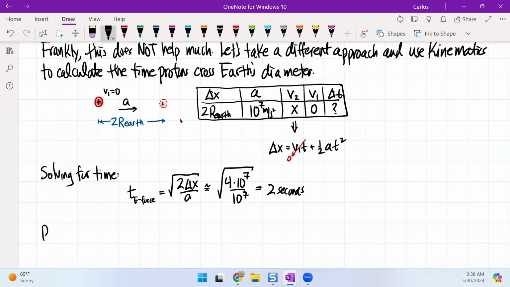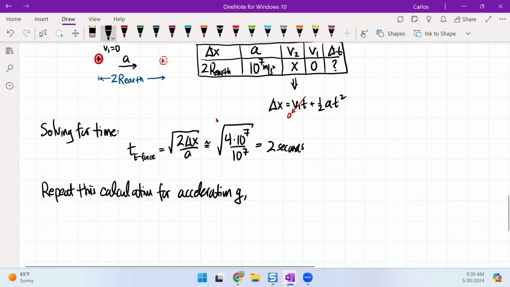Now, if I repeat this calculation for acceleration g, we're going to find that the time due to this acceleration turns out to be about 2,000 seconds, which is the same as 30 minutes.